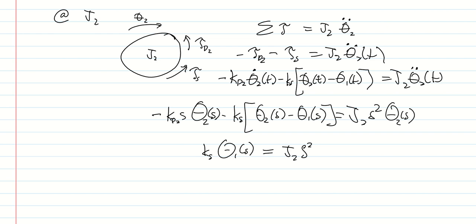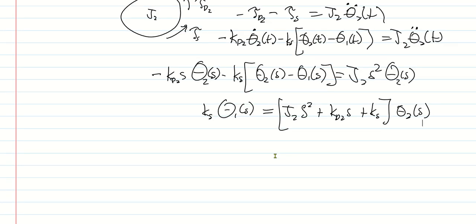And we can also factor out that theta 2. Then we have minus KD2 S times theta 2, which will become positive KD2 times S. We factor out that theta 2. Then lastly, for negative Ks times theta 2, this will become positive Ks, and all of them multiplied by theta 2.